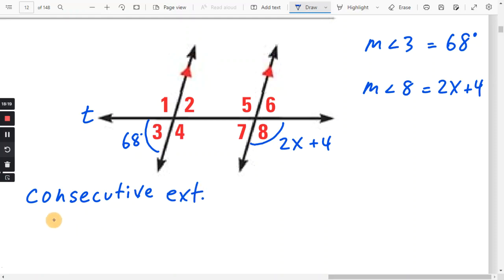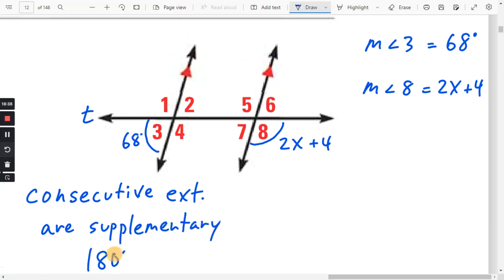Consecutive means same side, and we know that same side are supplementary. That just means they add to 180. So why don't you take this angle and this angle, add them up and set them equal to 180, please.